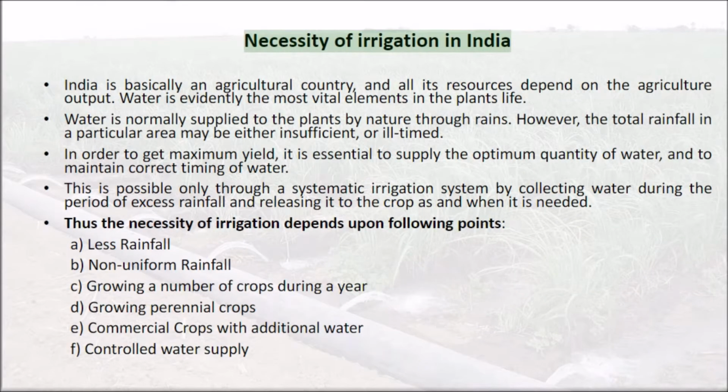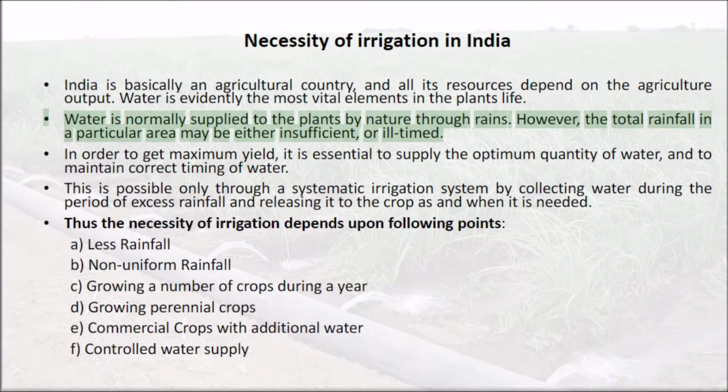Necessity of irrigation in India. India is basically an agricultural country, and all its resources depend on the agriculture output. Water is evidently the most vital element in a plant's life. Water is normally supplied to the plants by nature through rains.